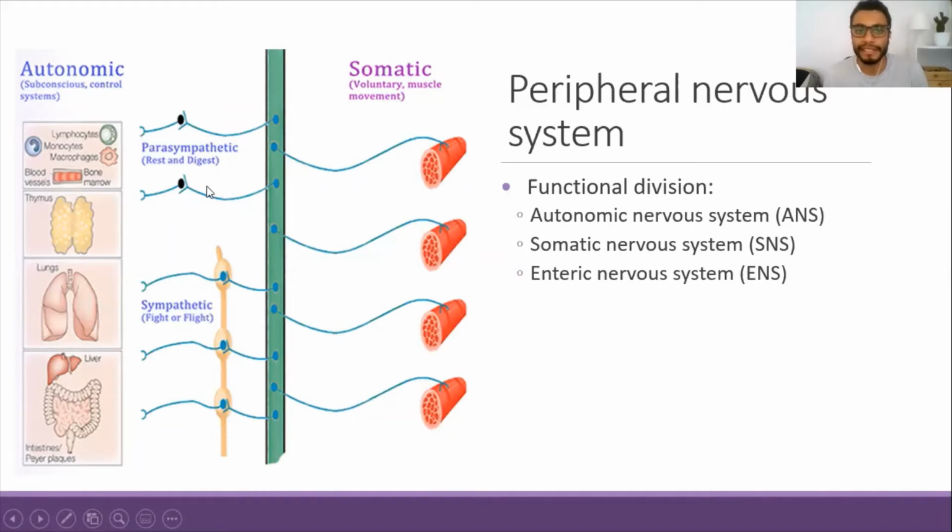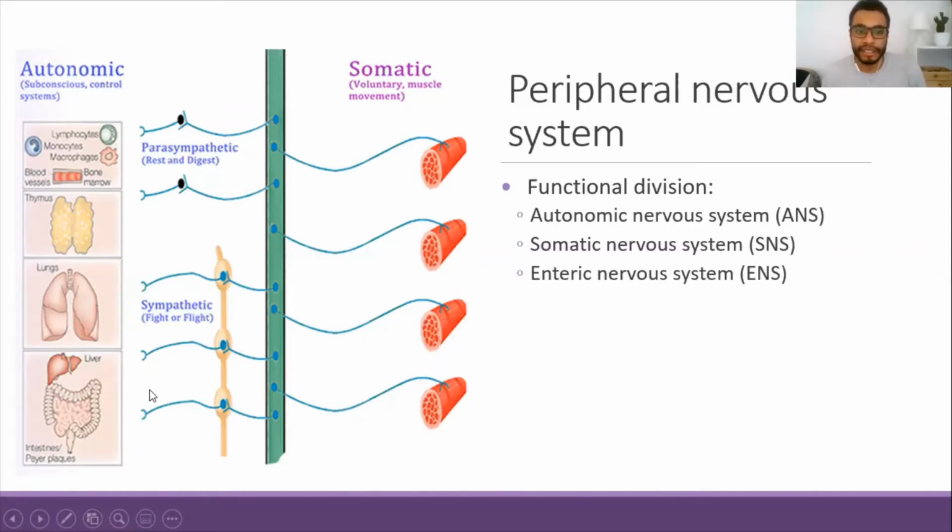We can conclude that as these fibers are shorter, their impulses are conducted faster than in the parasympathetic system. So the parasympathetic is a slower system compared to the sympathetic system, because of the length of these fibers. So this is longer to reach the target organ.